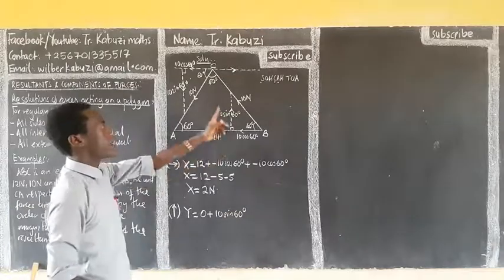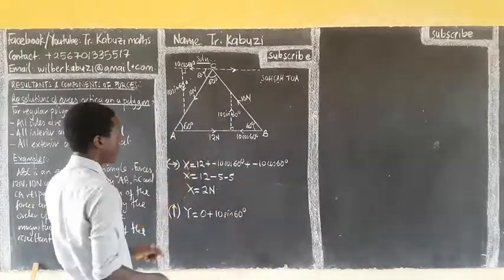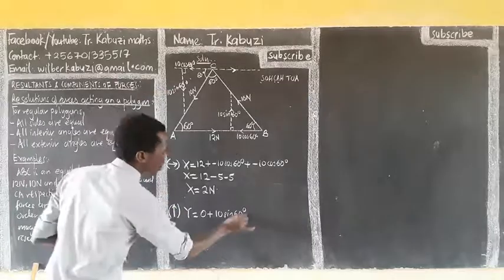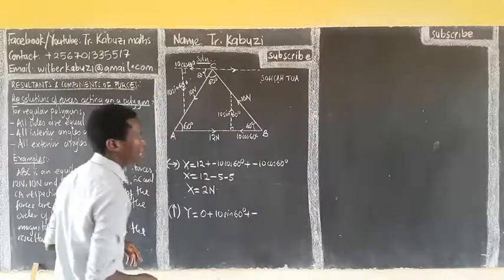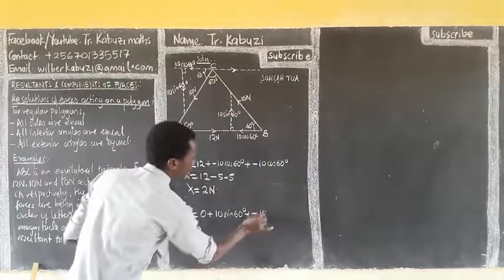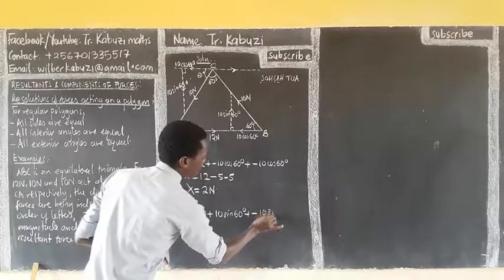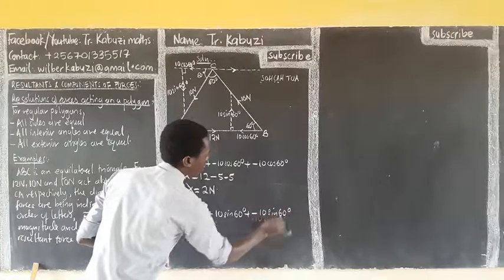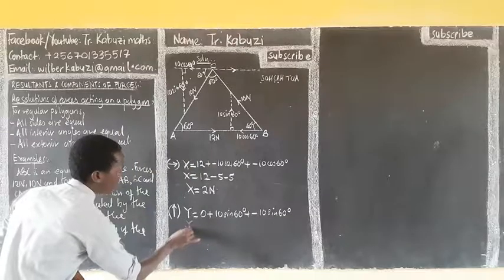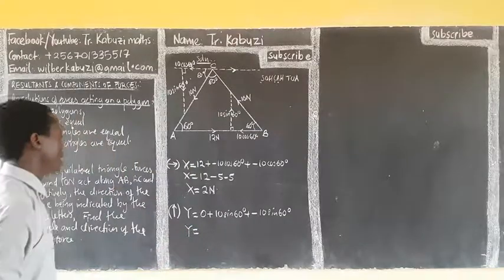Now it's following the direction we want, going up. Now this one is opposing, so I say plus. Whenever it opposes, we attach a negative, 10 sine 60 degrees. So our y here, and press that on the calculator.